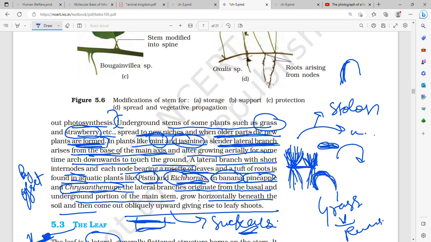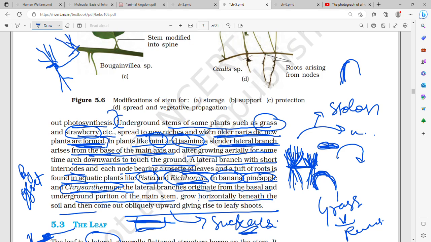From the basal underground portion of the stem, they grow horizontally beneath the soil and then come out obliquely upward, giving rise to leafy shoots. So from the base of the stem axis, it grows laterally like this, and then somewhere over here it shows leafy buds, comes out upward, and gives rise to leafy shoots.